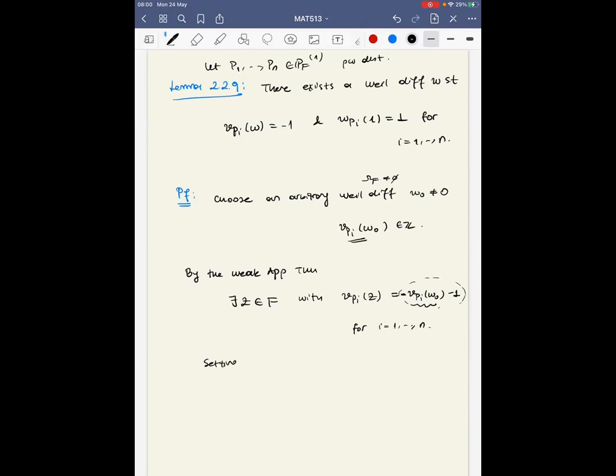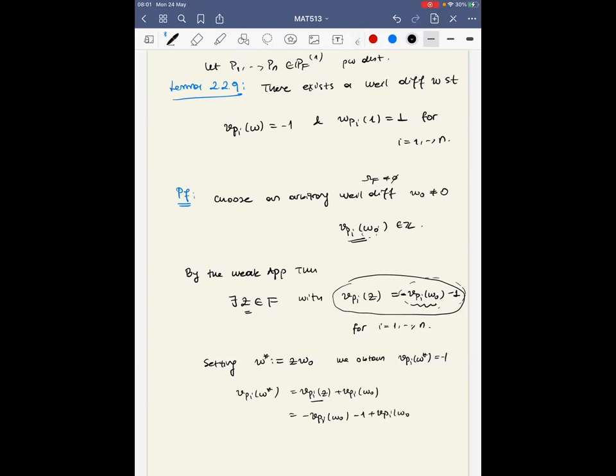And by setting a new Weil differential, which will be the product of this function z with this property and the Weil differential omega_0, we obtain its valuations as -1, because v_{P_i} of omega star is v_{P_i} of z plus v_{P_i} of omega_0, and with the choice of z, we see that the valuations of omega star satisfy this property.